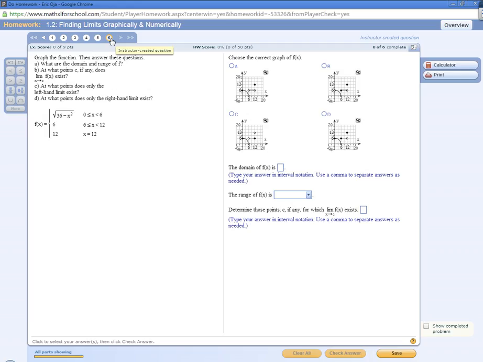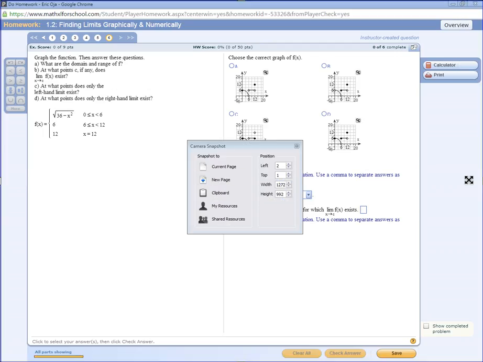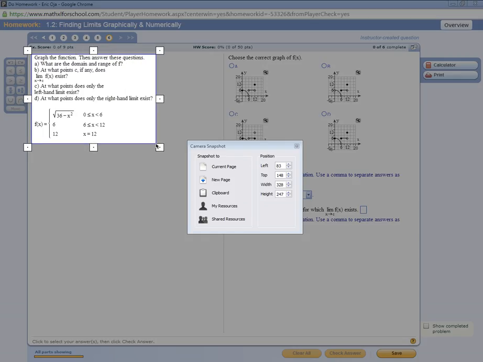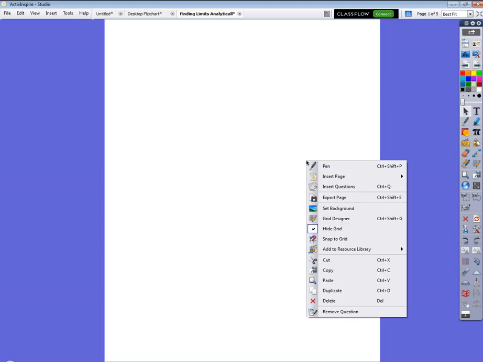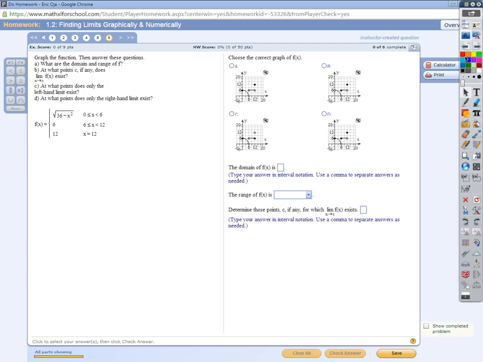Okay, so that's really small, isn't it? It doesn't really get bigger. Yeah, I'll get it worked out here. I'll make these bigger.